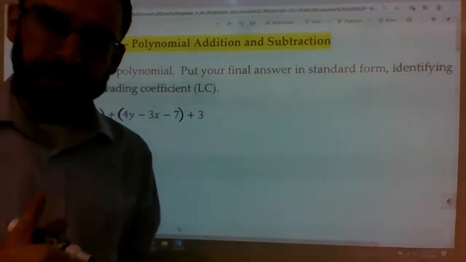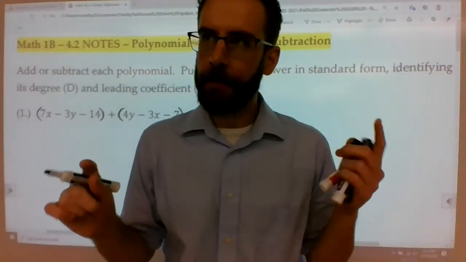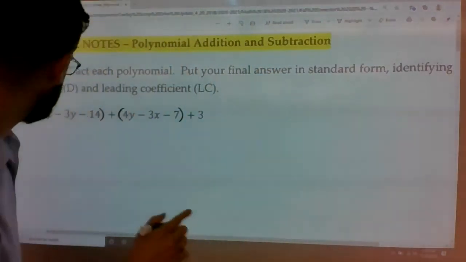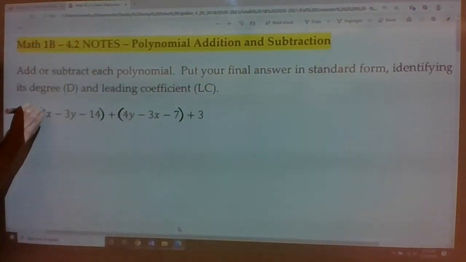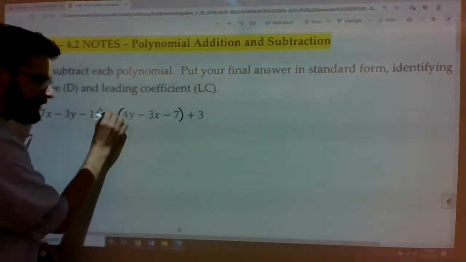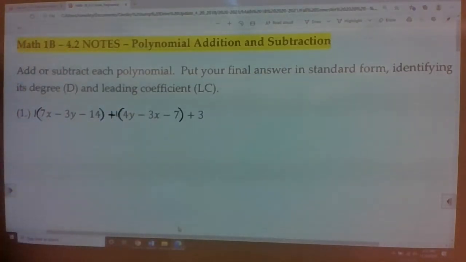Now, if you understand the distributive property, it's going to be a quick move to get rid of the parentheses. Pretend like there is an imaginary 1 in front of this set of parentheses, and pretend like there's an imaginary plus 1 in front of this group right here.